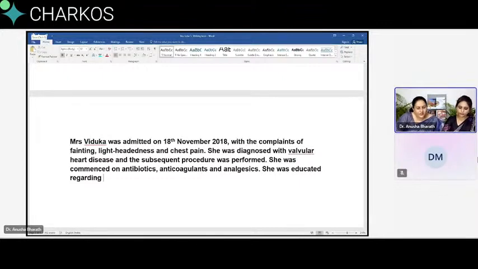Yes. Regarding causes and preventions of infections. Or do you want me to add anything else, or do you think this is fine? I think this should be fine. What do you find? I think this is all right as well.